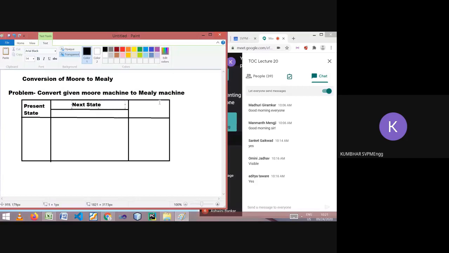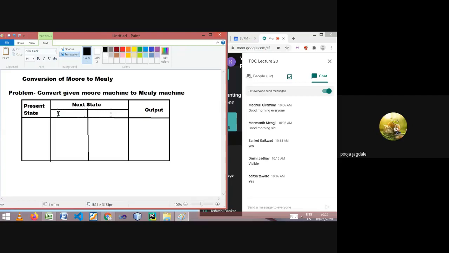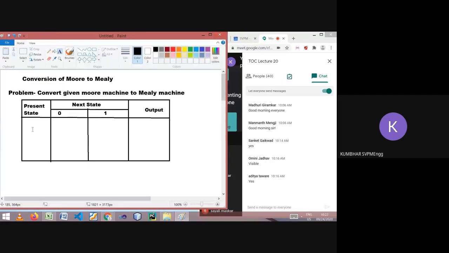And the third column is the output. In the next state part, as per the number of input symbols, two input symbols are there, so there will be two columns. Am I audible clearly? Great. So 0 is the input and 1 is the input.